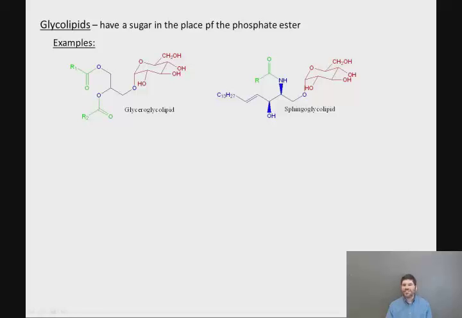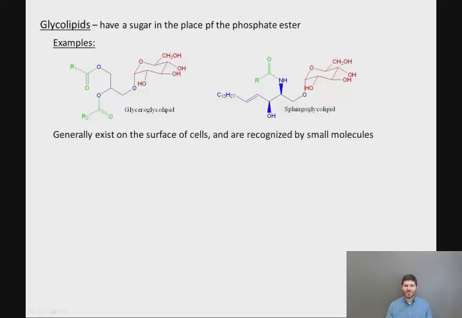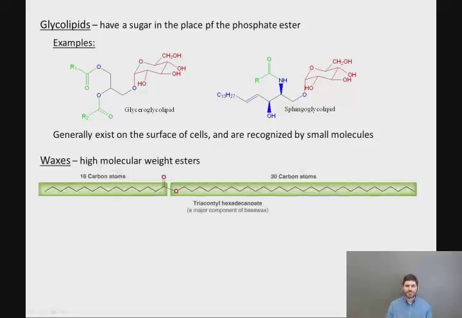Or you could have a sphingoglycolipid, that's turning into a tongue twister, I know that, where you have the sphingosine fragment, and it's also using its terminal alcohol to become bound to a molecule of glucose. So glycolipids generally exist on the surface of cells and are involved in cell signaling. Okay, so they are recognized, they're sometimes receptors, and they're recognized by small molecules.